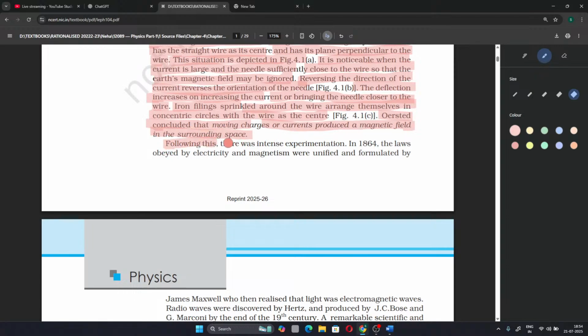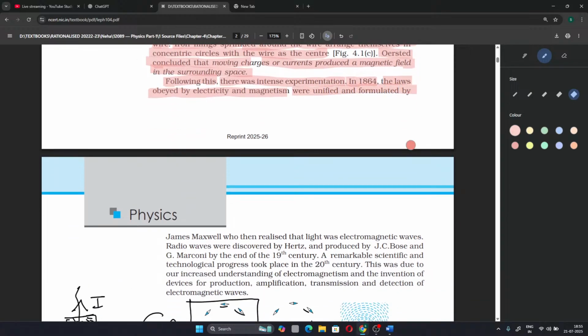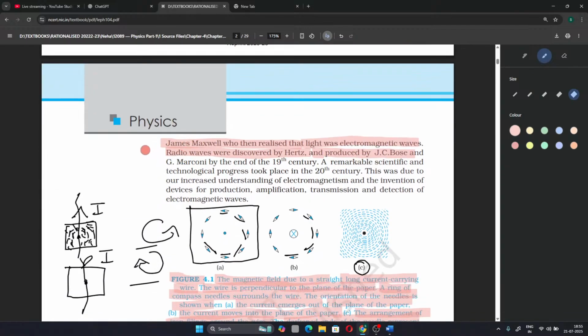Following this, there was intense experimentation. In 1864, the laws obeyed by electricity and magnetism were unified and formulated by James Maxwell, who then realized that light was electromagnetic waves. Radio waves were discovered by Hertz and produced by J.C. Bose and G. Marconi.